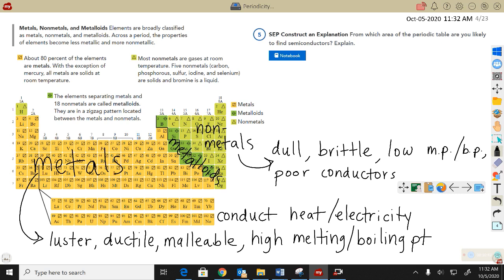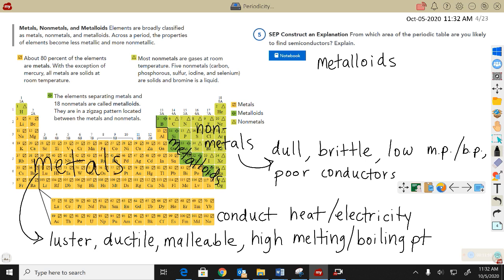Some of them are conductors, but they're moderate conductors, which is sometimes a good thing. Like question 5 says, from which area of the periodic table are you likely to find semiconductors? That's these metalloids. Sometimes you may want something that only conducts a small amount of heat or electricity, and that would be your metalloids.